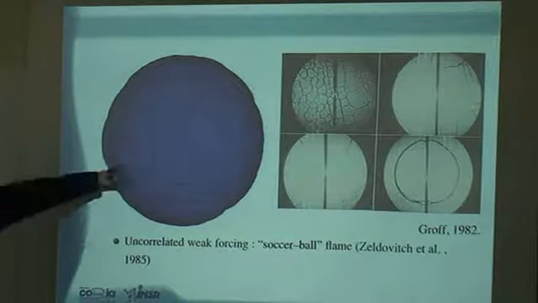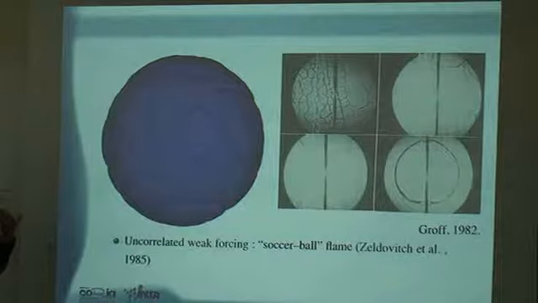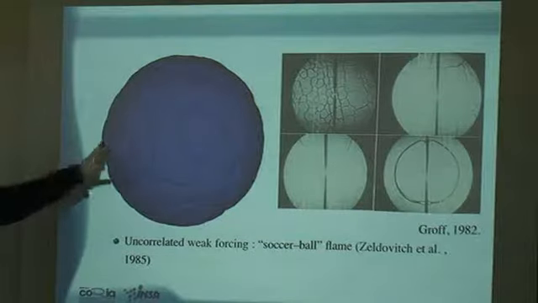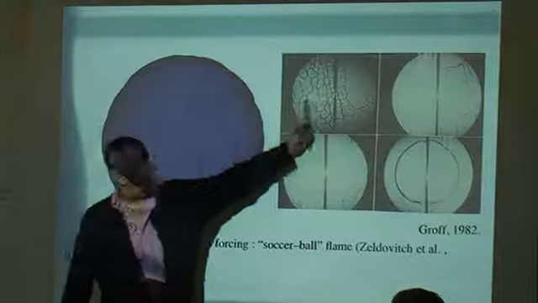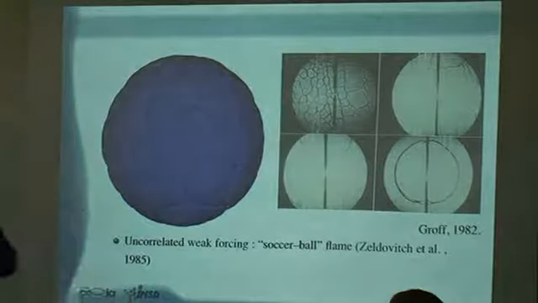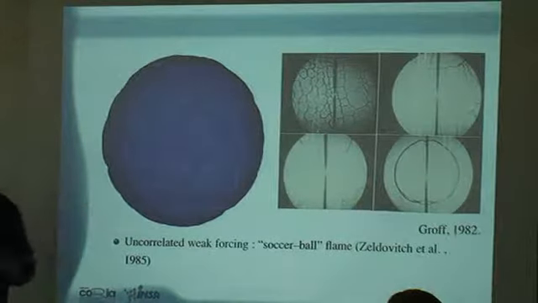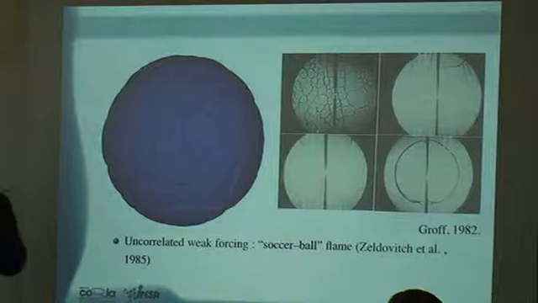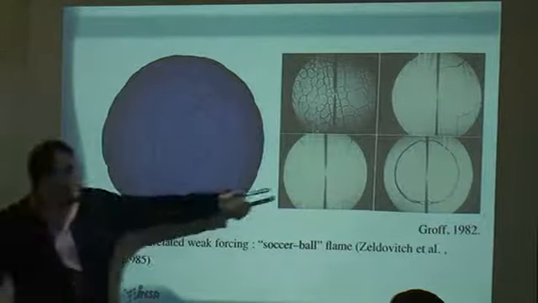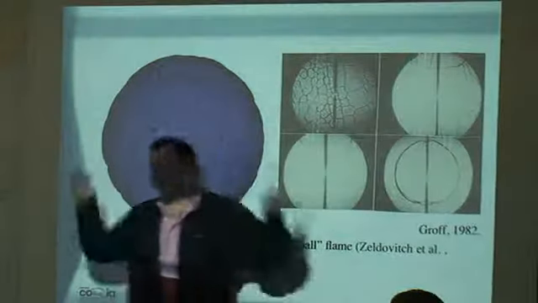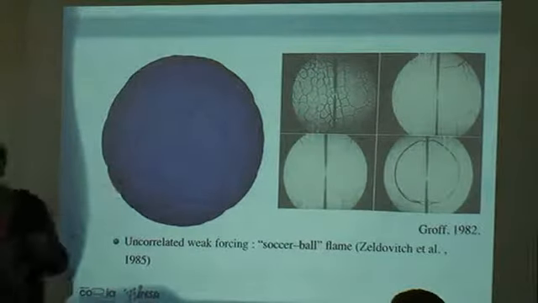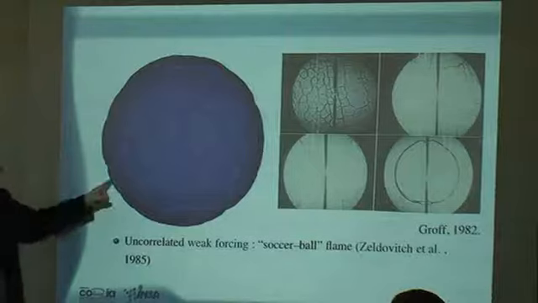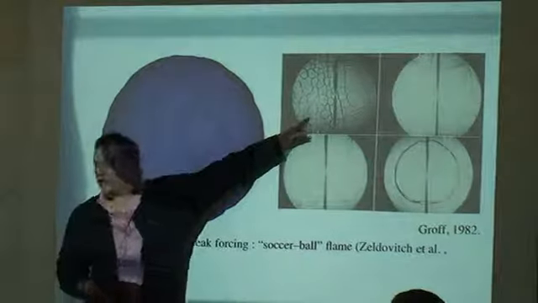With this kind of approach we can more than qualitatively reproduce results of experiments. You have basically the wrinkled flame observed by Groff, for instance, and many others since 1982. You have these shapes that appear at the beginning, and then cells appearing suddenly.